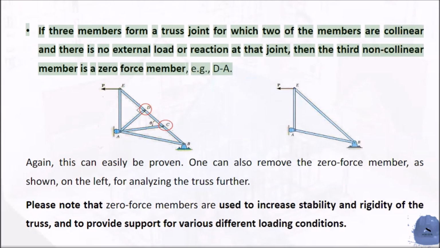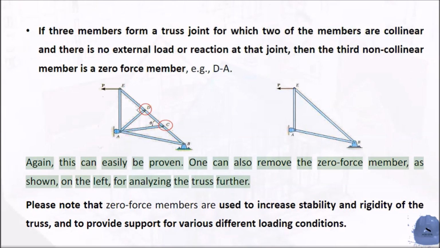If three members form a truss joint for which two of the members are collinear and there is no external load or reaction at that joint, then the third non-collinear member is a zero force member, e.g. DA. Again, this can easily be proven.